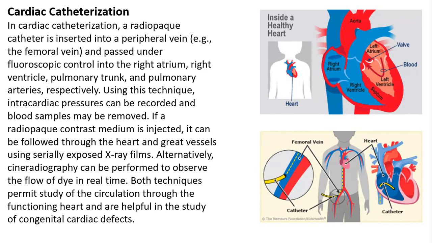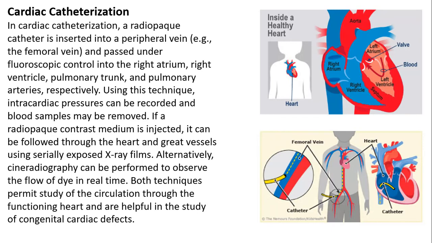So you can take the catheter up where you want to put it. You can put it in the right atrium only to measure the right atrial pressure, or you can take this catheter to the right ventricle to measure the right ventricular pressures, or into the pulmonary trunk and pulmonary arteries.